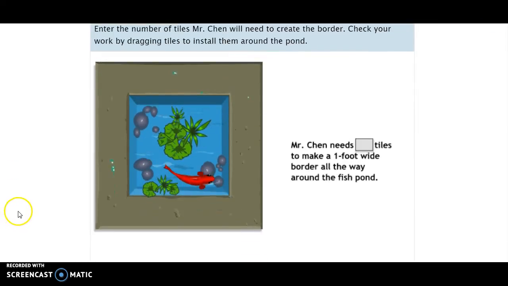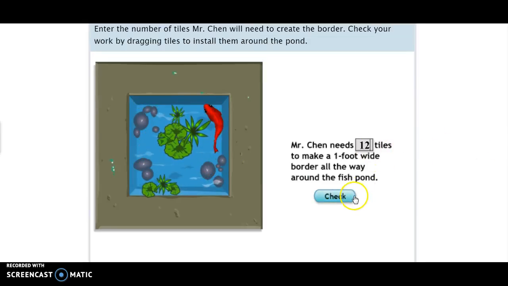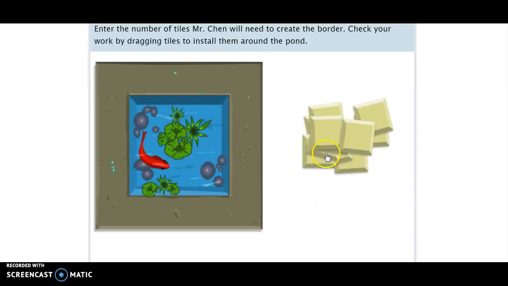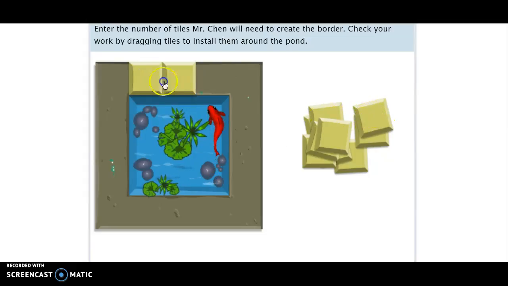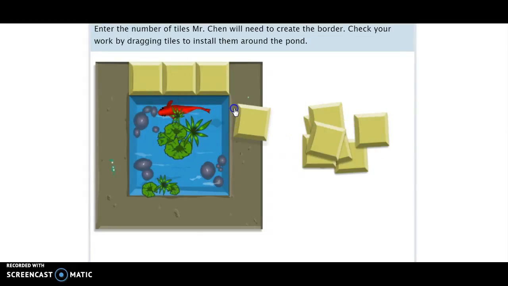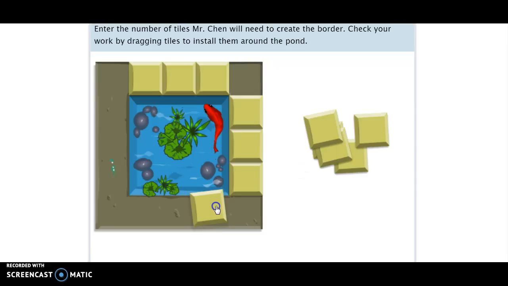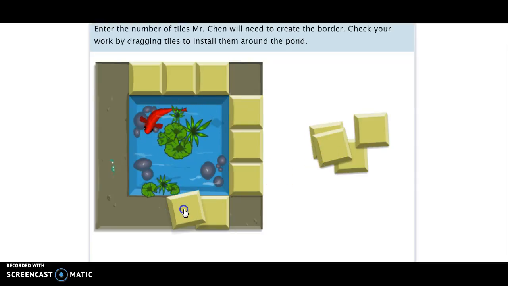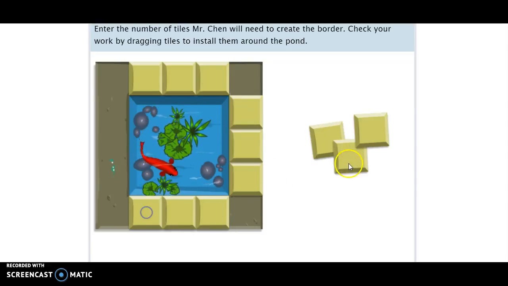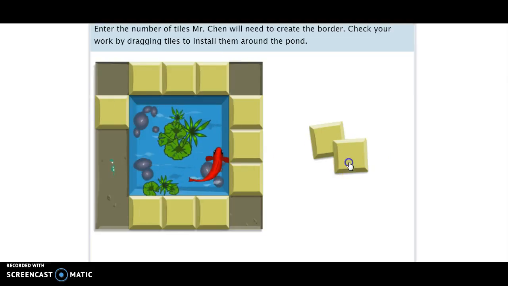Let's first start. If each side is 1 yard, which is 3 feet, let's first do 12 because there are 4 sides. Each side would need 3 tiles. If we were to put these tiles on each side, we're going to notice that we don't have enough tiles.